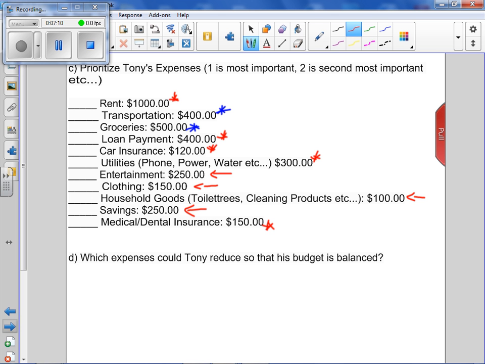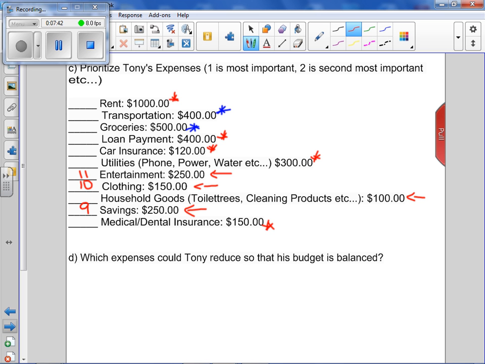So I'm going to prioritize them according to myself. You might have a slightly different prioritization, but to me, these two are going to be last, right? So how many are there? 1, 2, 3, 4, 5, 6, 7, 8, 9, 10, 11. So this might be 11, and this might be 10, just because I think they're the ones that I could reduce soonest. The savings then might come the next least important to me.